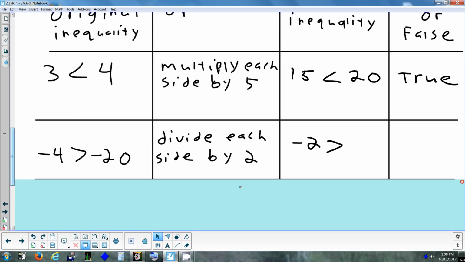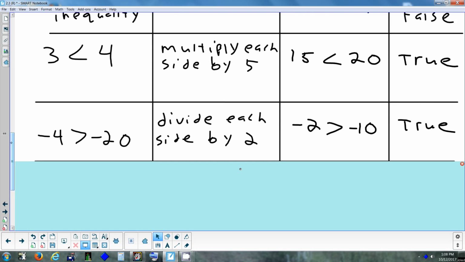Negative 10. How about Fred? You think negative 2 is bigger than negative 10? On a number line, where would negative 2 be? Would it be to the left of negative 10, or to the right of it? Right. Exactly, it would be to the right. The closer a negative number is to 0, the more value it has.